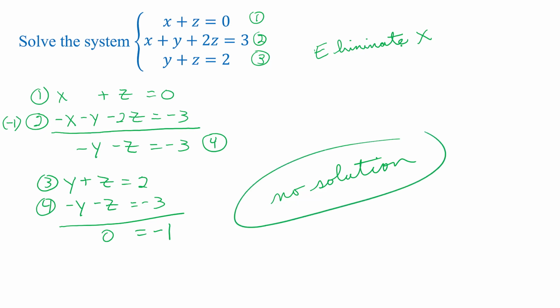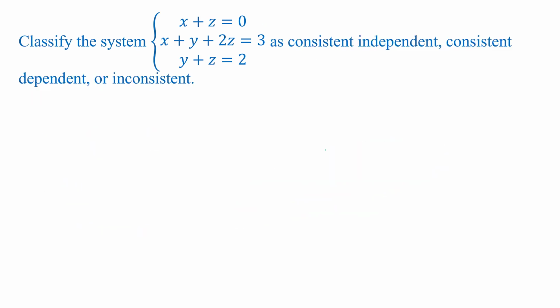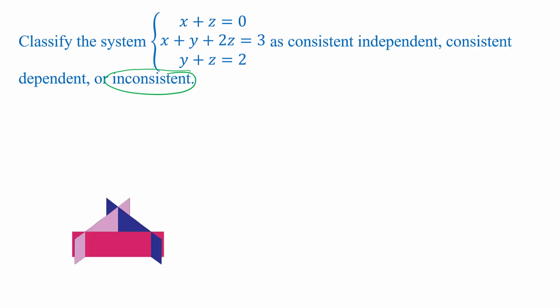No solution here. What does that mean in terms of classifying the system? If we have no solution, we say that our system of equations is inconsistent. Graphically or geometrically, what would that mean? We could have three planes, each intersecting with the other two, but never all three intersecting at the same time.